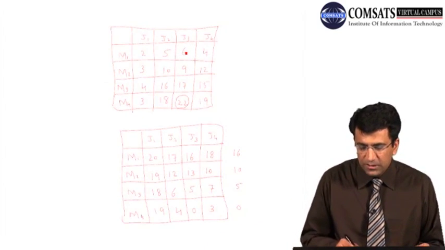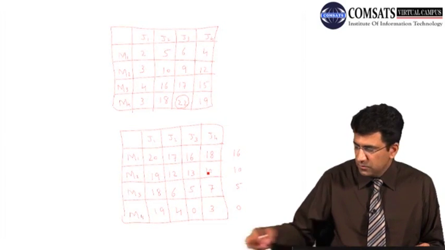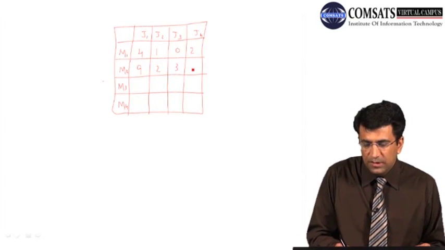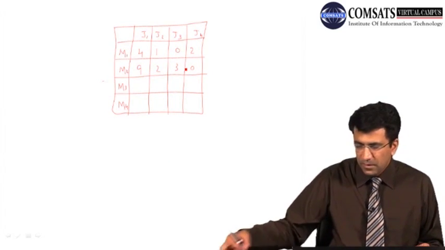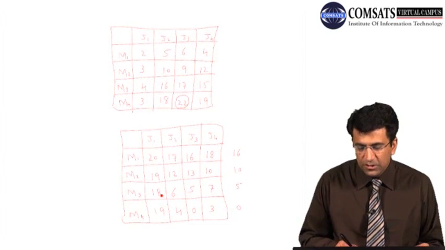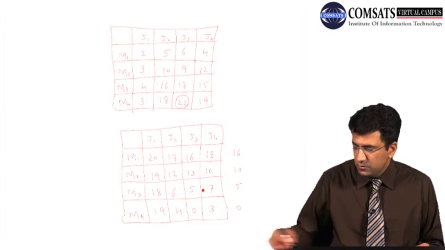For the second row, if you subtract 10 from these values, 19 becomes 9, then 2, 3 and 0. 9, 2, 3 and 0. This is our second row. For the third row, if you subtract 5 from all the values of this particular row, 18 minus 5 is 13, 6 minus 5 is 1. So 13, 1, 0, 2.